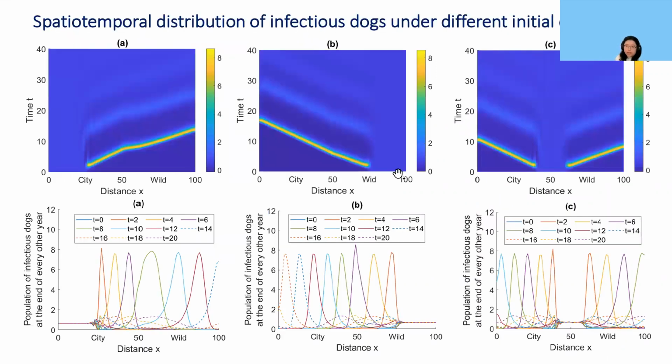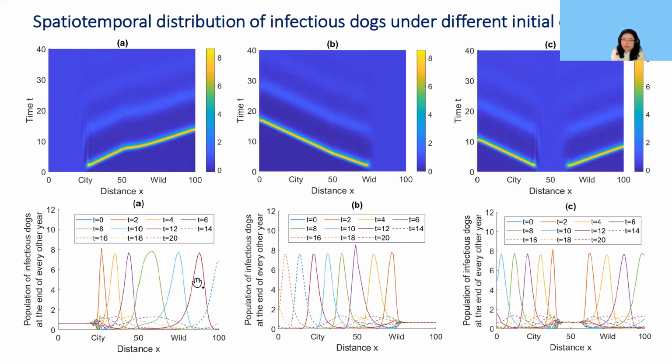Next, we also tried different initial conditions. In figure A, we assume the initial infections are located in the inner city region, on the interval from 0 to 25. In figure B, the initial infections are located in the inner wild region, on the interval from 75 to 100. In figure C, the initial infections are concentrated on the interval from 40 to 60, between the city and wild regions.